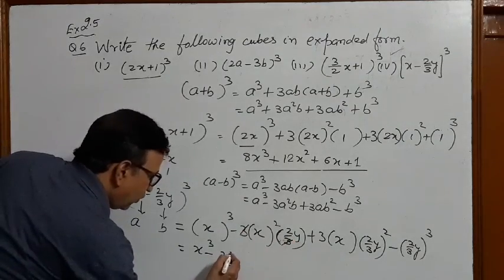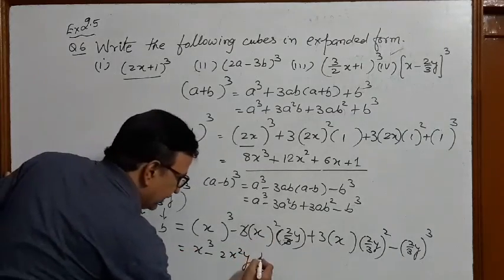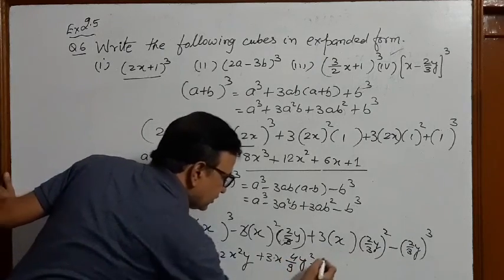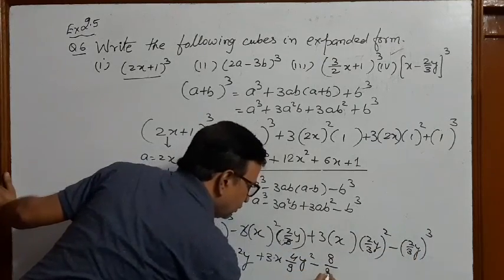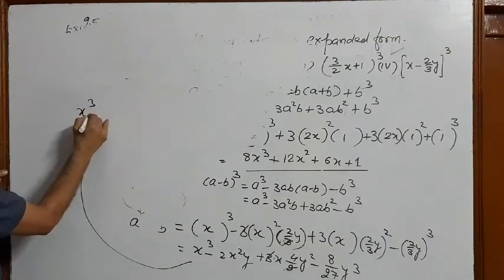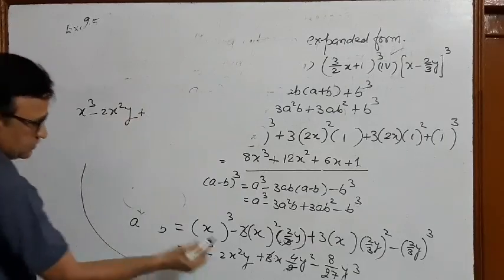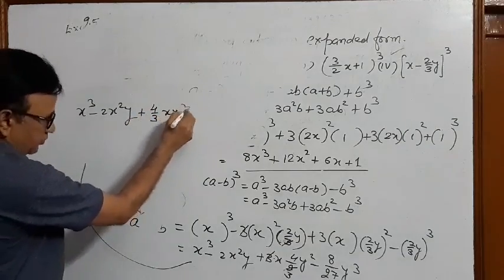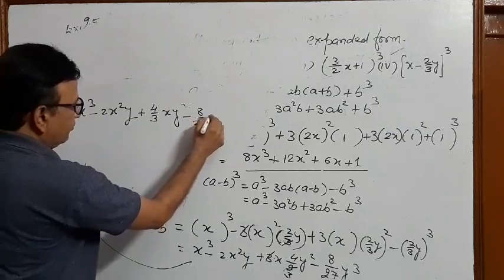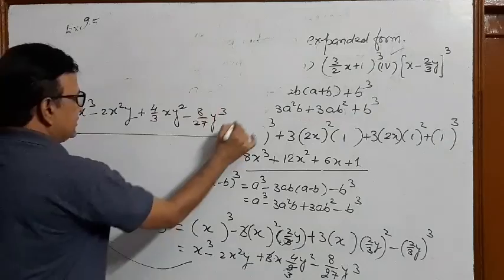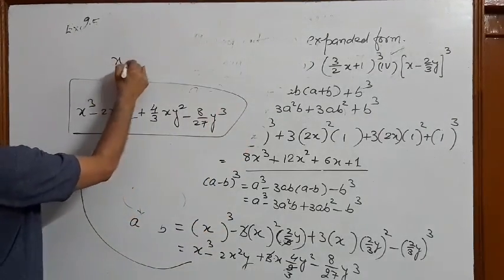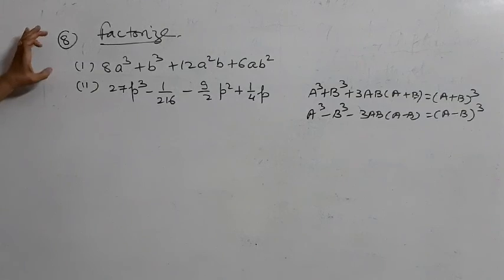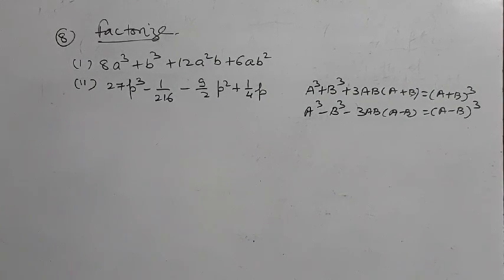So what does it become? 2x square y, here that's the square, and here 3x, 2 square 4 and 3 square 9 y square, minus 2 cube 8 and 3 cube 27 y cube. x cube minus 2x square y plus here what is remaining? 4 upon 3 x y square minus 8 by 27 y cube will be our expanded form of the question, (x minus 2 upon 3y) whole cube. Clear?